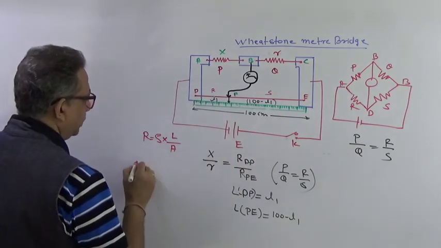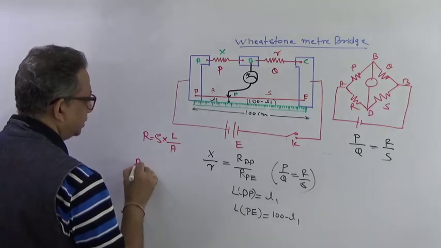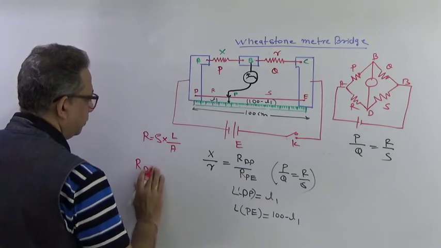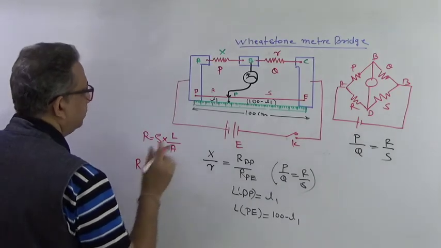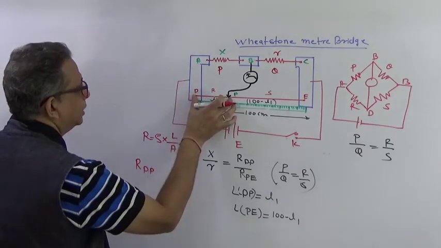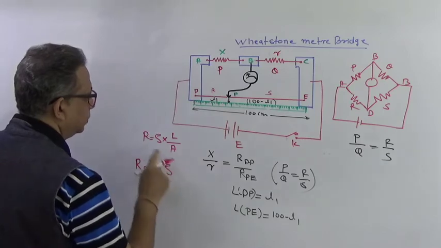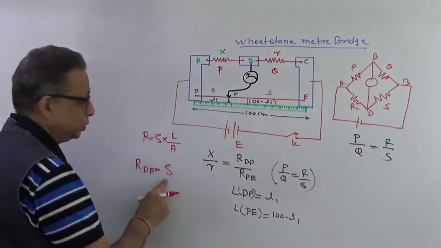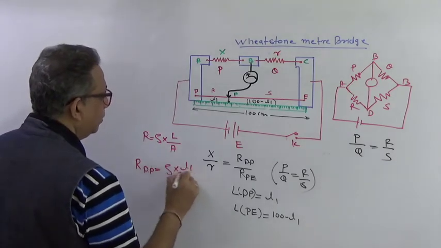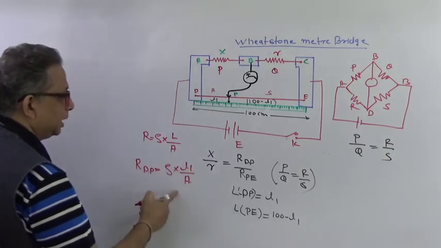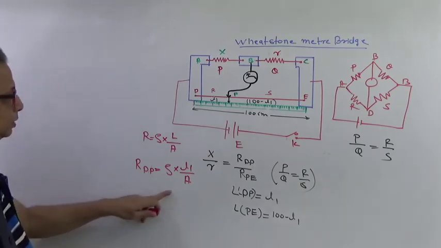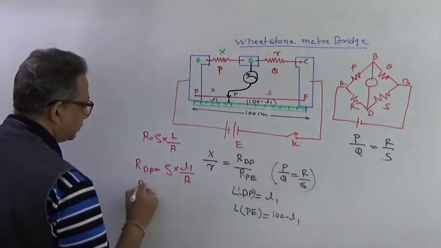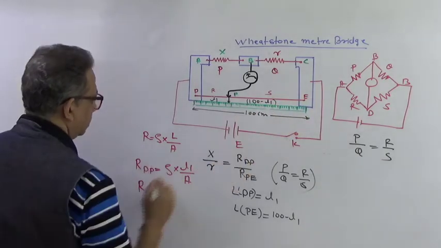So what will be the value of resistance dP? It will be equal to the specific resistance, the property of the material of the wire we have used, into L1 upon A. Is that clear? What will be the resistance PE?